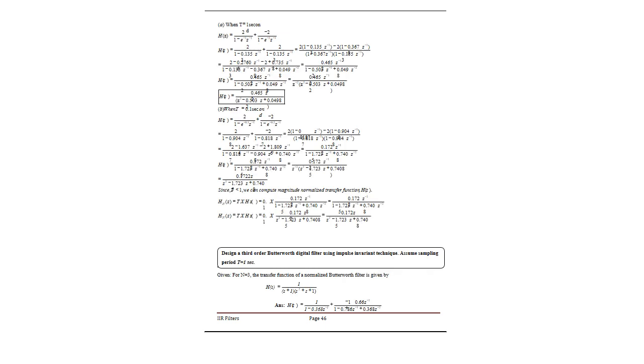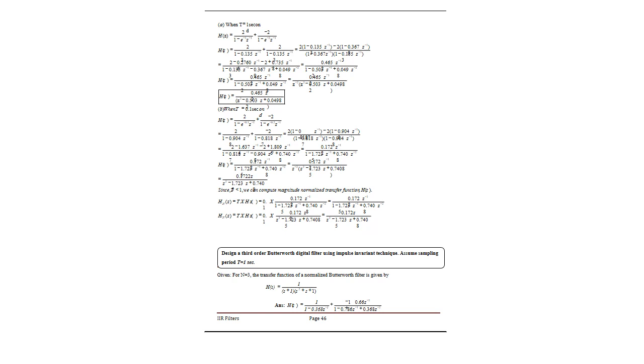Next, we have to substitute the value when T is equal to 1 second. H(Z) is equal to 2 / (1 - e^(-1) Z inverse) plus minus 2 / (1 - e^(-2) Z inverse).